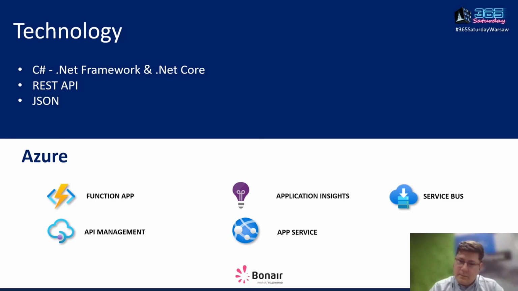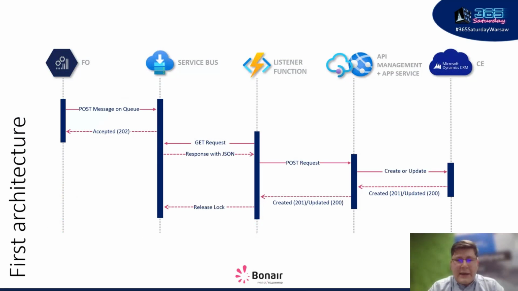Okay, that's our first architecture. That's what we built at the beginning. Let me tell you more about this flow. On the left side, we have our lovely FO product. And for example, based on a trigger on a batch, FO posts a message on the service bus queue.